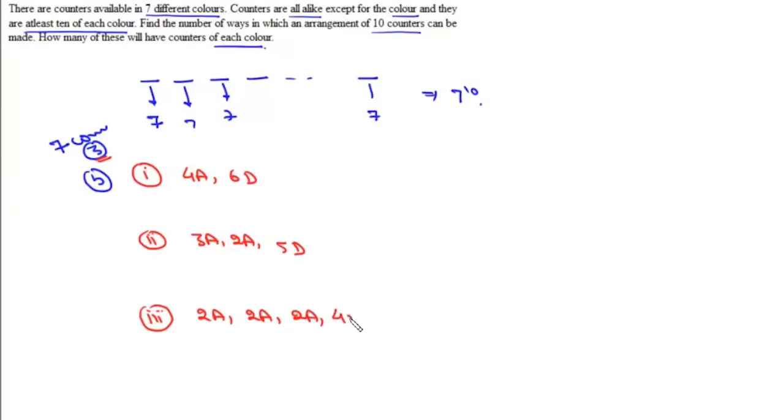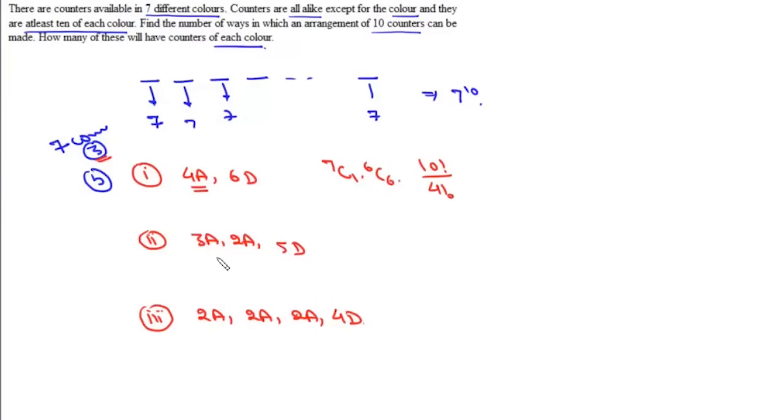Now 4 alike, it can be selected in 7C1 ways, and then it will be 6C6, and it will be factorial 10 divided by factorial 4.